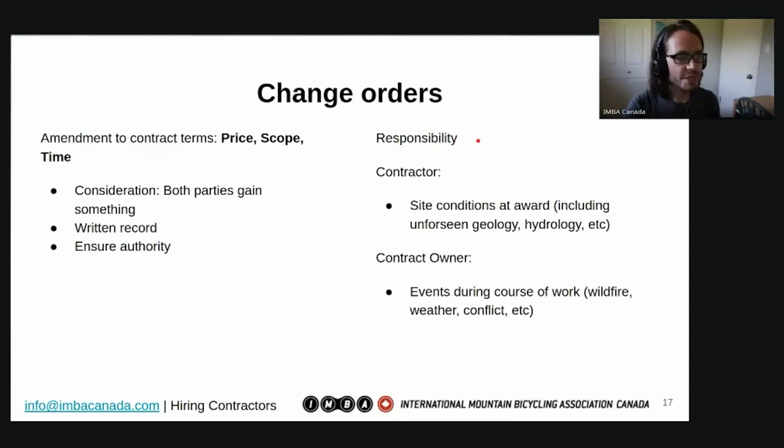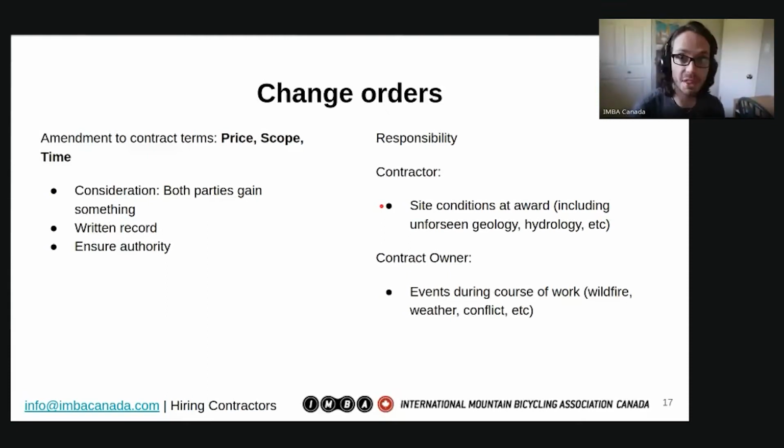Responsibility for differing site conditions is also, I think, something that's not very commonly understood, but the contractor is responsible for the site conditions at award. And that includes anything that may be hiding beneath the surface of the soil. If there's tons of rock and you, as the contractor, thought that it was going to be easy machine building, that is their responsibility to understand.